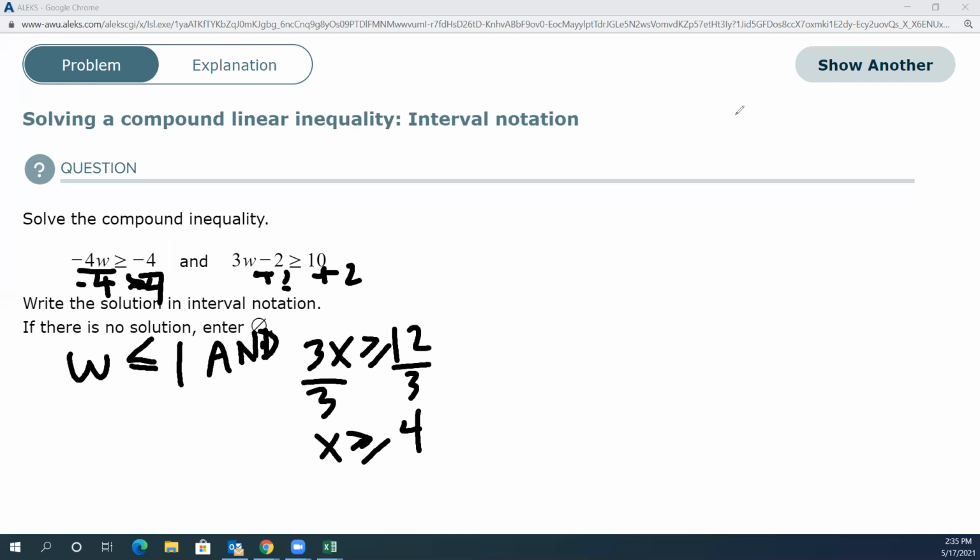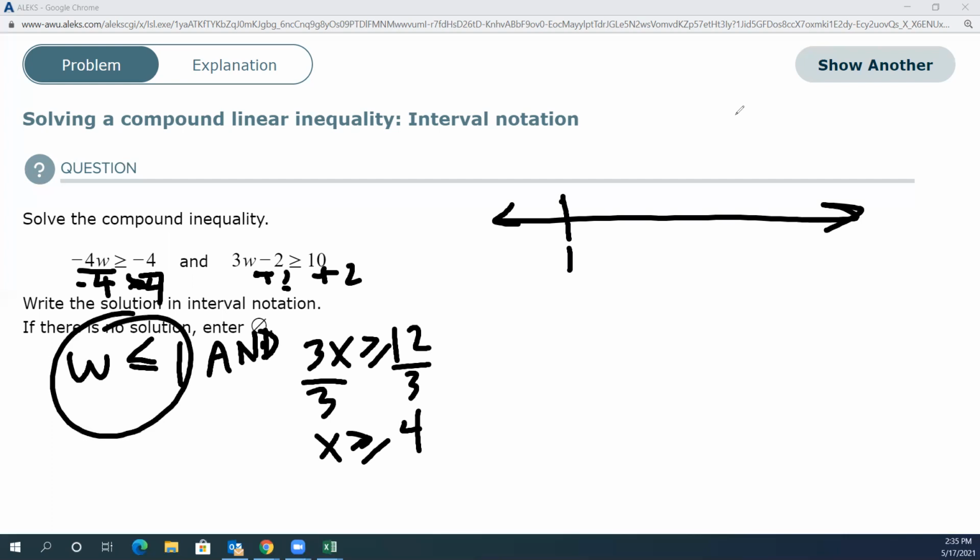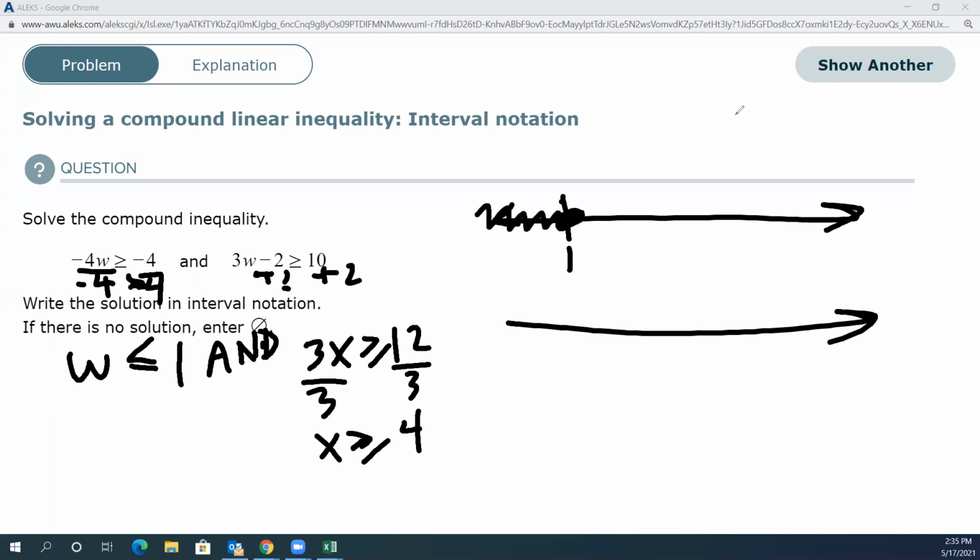At this point, you don't have to draw the number lines, but I think it makes it easier to tell what's going on. So the first inequality says all numbers less than or equal to 1. And the second one says all numbers greater than or equal to 4.